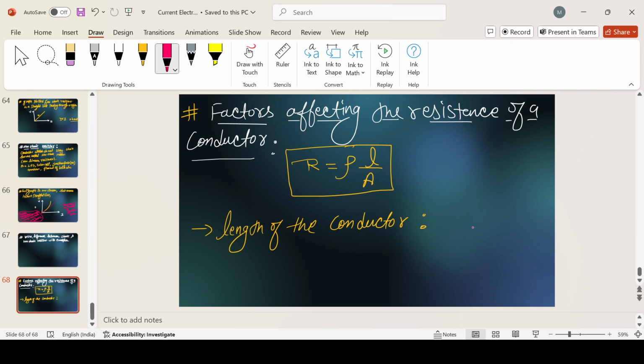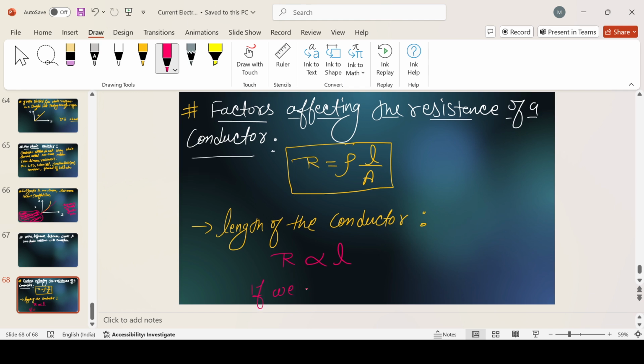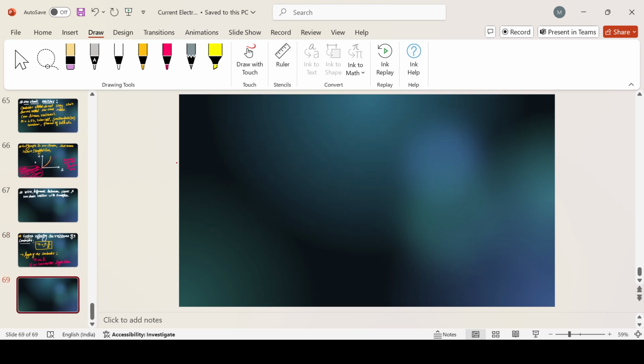That is R is proportional to L. That means if we increase the length, then resistance also increases. Resistance also increases. Got it, everyone? And vice versa.